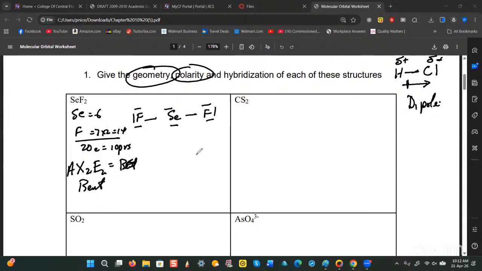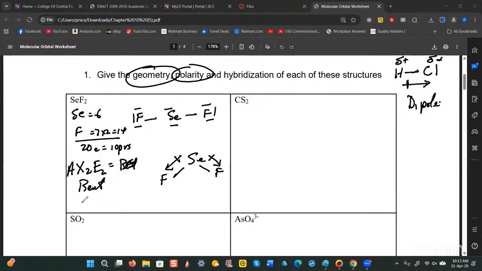Why? Because if this is the arrangement, this is a bent shape right here, right? Fluorine is more electronegative than selenium, not sulfur, right? So I just know that, but you can look at the table and you'll see that to be the case. So you're going to have one dipole acting in this direction, another dipole acting in that direction. So they will not cancel out each other.